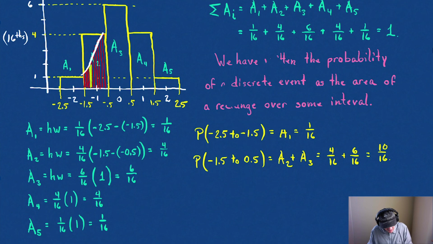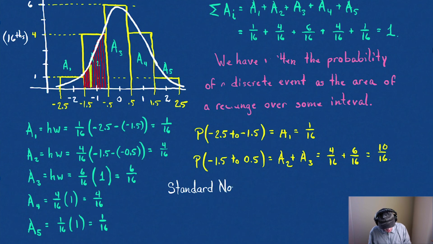And it goes up, it comes back down, and it does the same on this side. This smooth curve that measures the infinite number of possibilities from discrete to continuous is what's called the standard normal distribution.